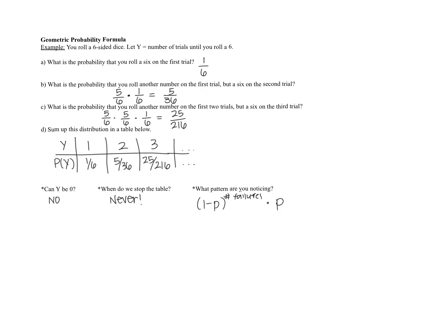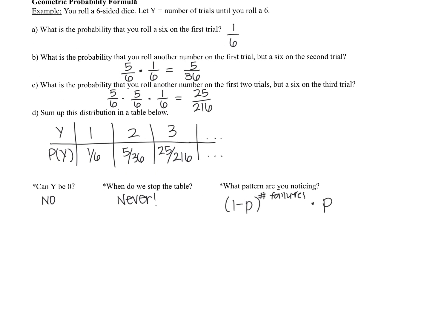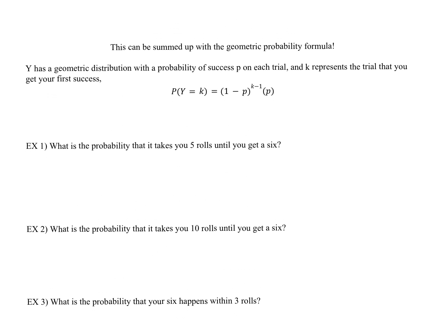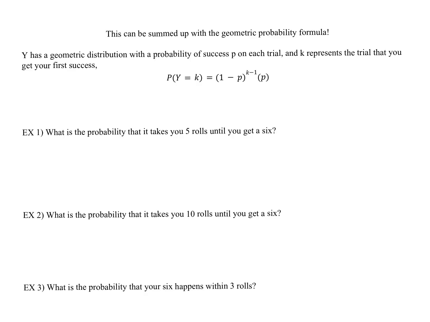And that's how we get our geometric probability formula. So for the formula, you have 1 minus p, which is your probability of failures. Your exponent is then k minus 1, which is your number of failures. And then p is your single success.